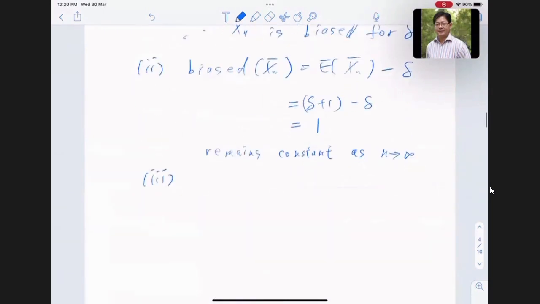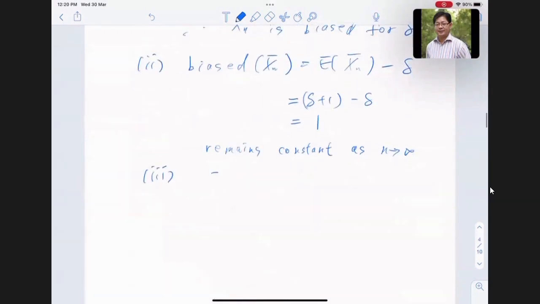Because we know that the expectation of S bar is equal to delta plus 1. And for an unbiased estimator, what we need to do is to find an estimator whose expectation is equal to delta. And this suggests a very simple way for us to modify S bar. We may just subtract 1 from both sides.